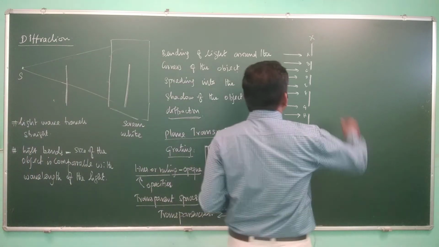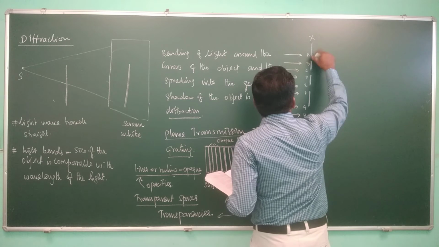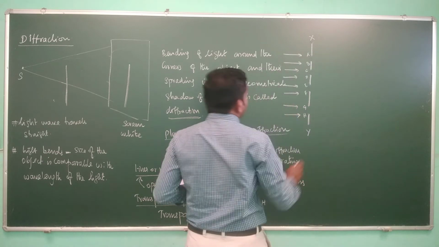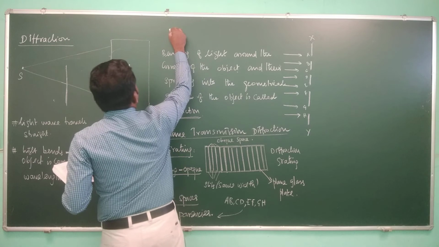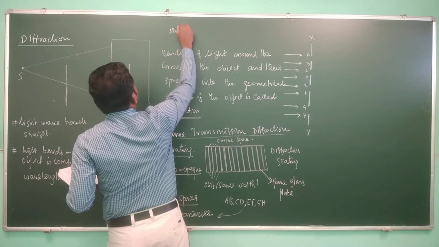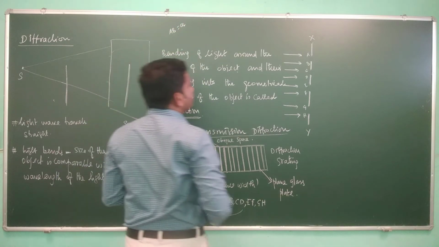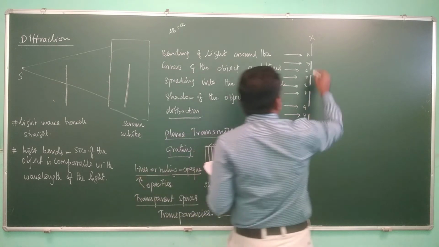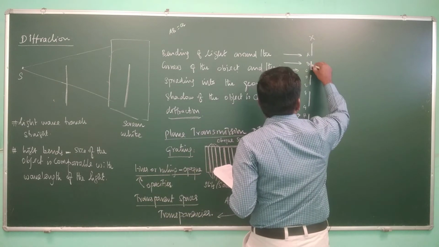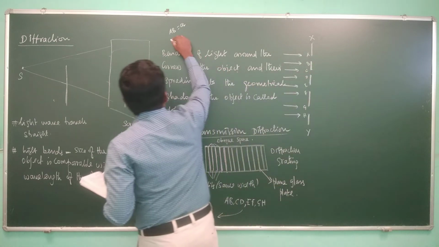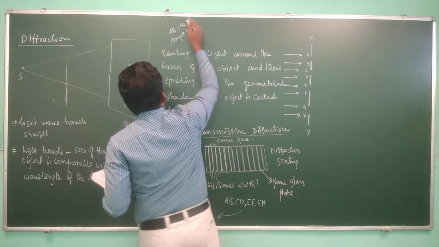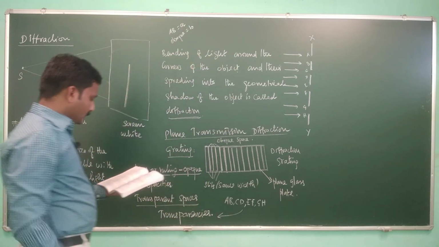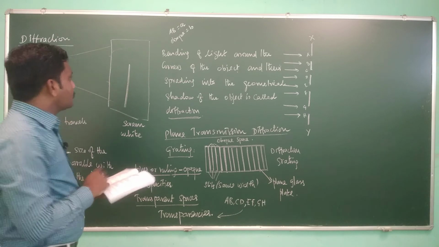Now, the width of this slit is a, that is the width of slit AB, which is equal to a. And the width of the opaque portion is b.